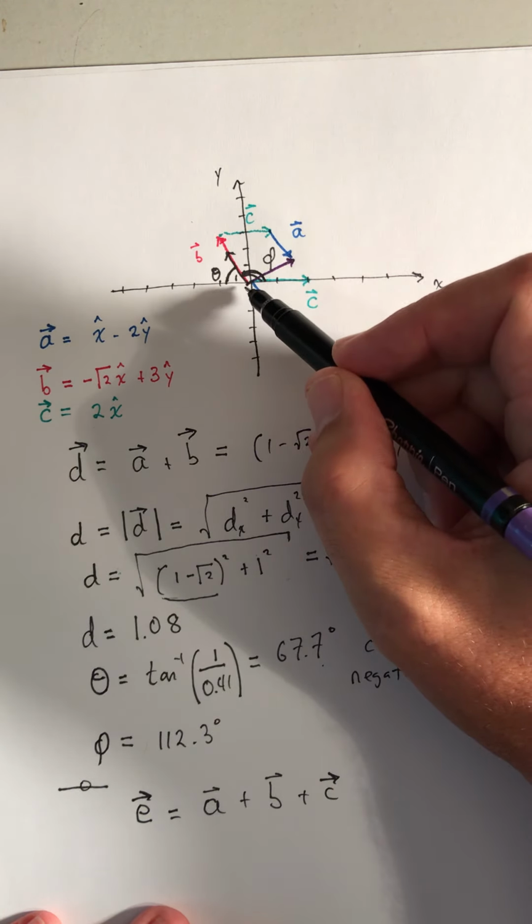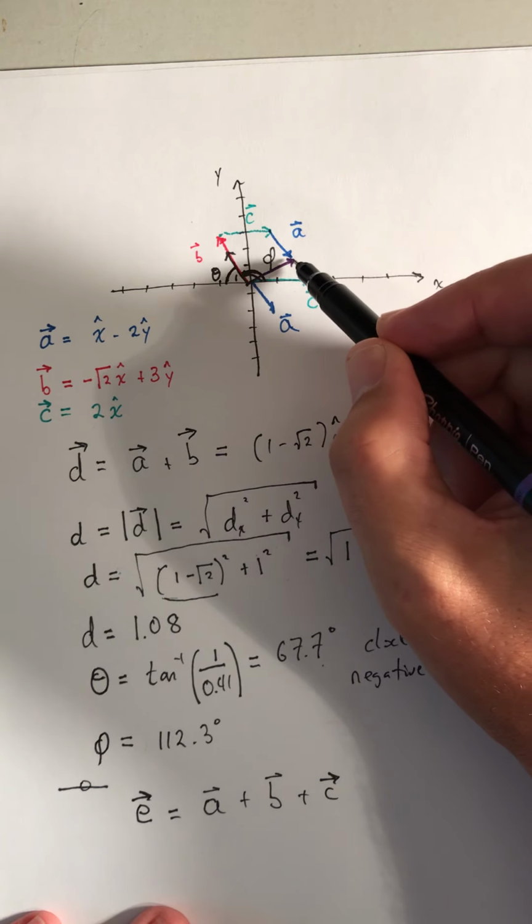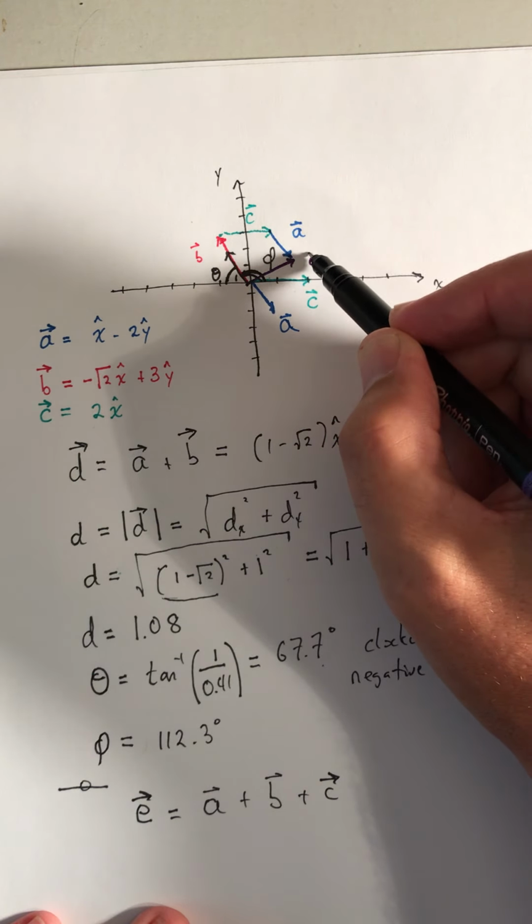It goes from the tail of the first to the head of the last vector in that sum.